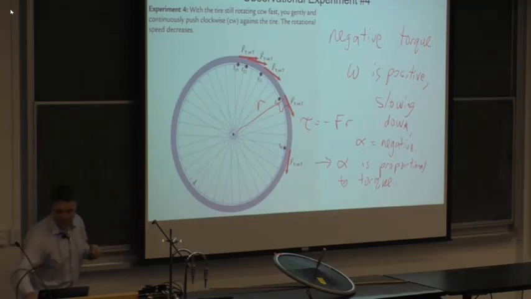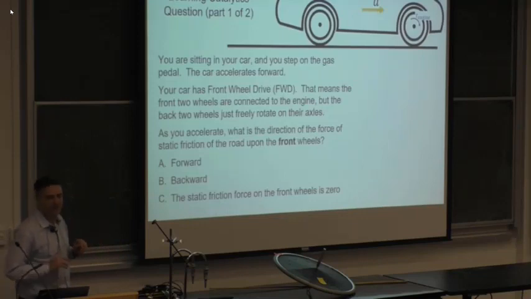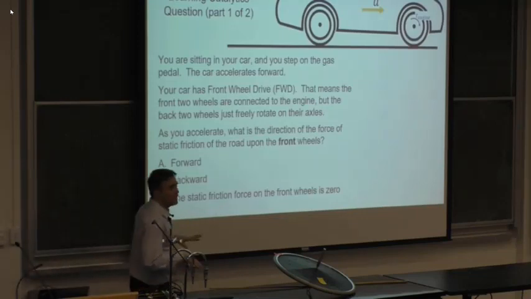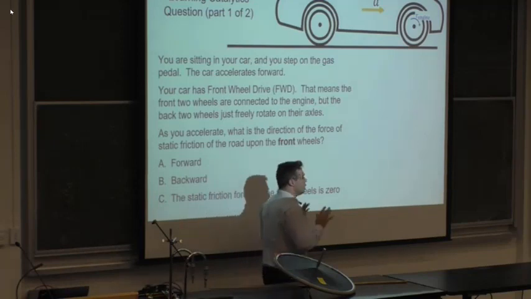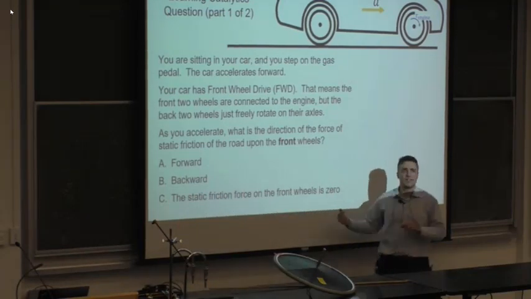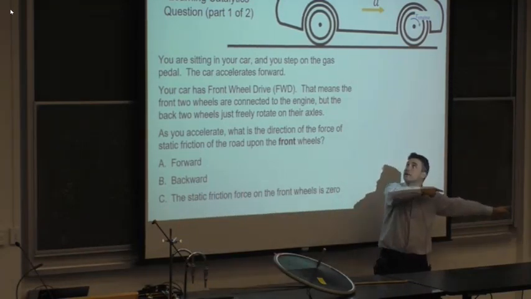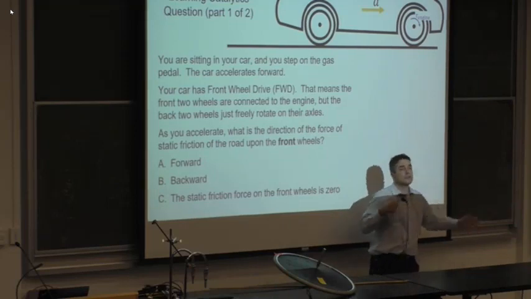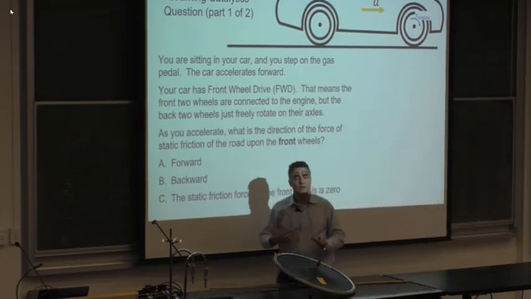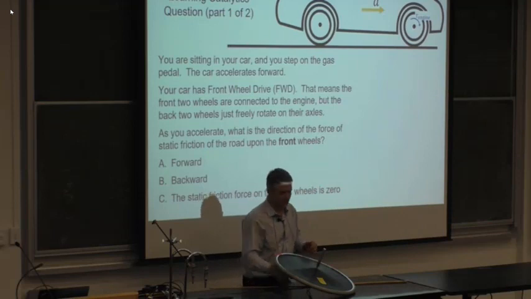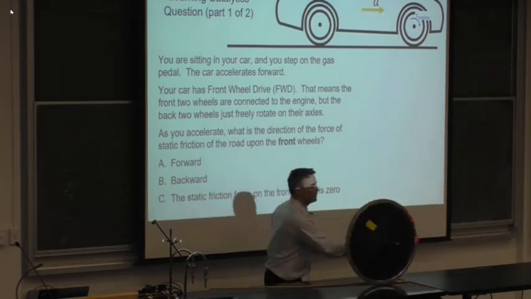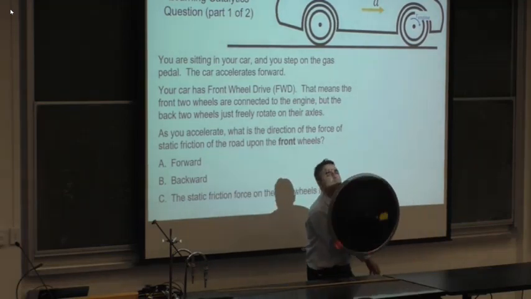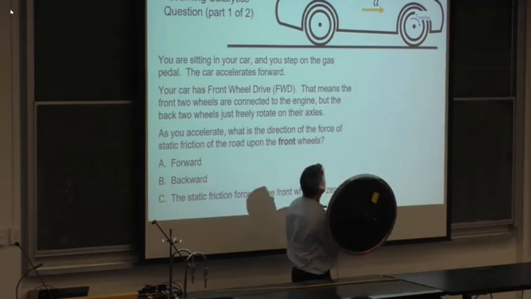And that leads us to this question, which I hope you still see on your phone. But here's a diagram for it. You've got a car, and it's accelerating towards the right. So which way are the wheels turning? Can you imagine? It must be going this way. Clockwise, I guess.